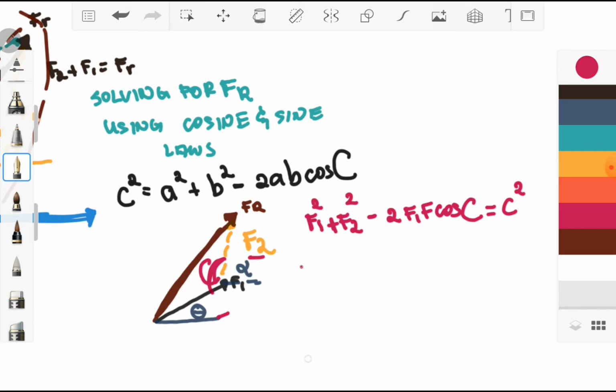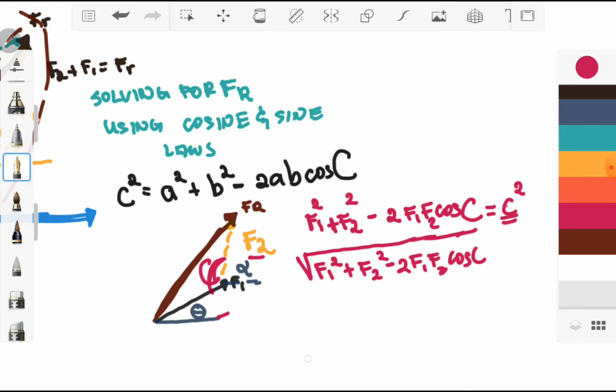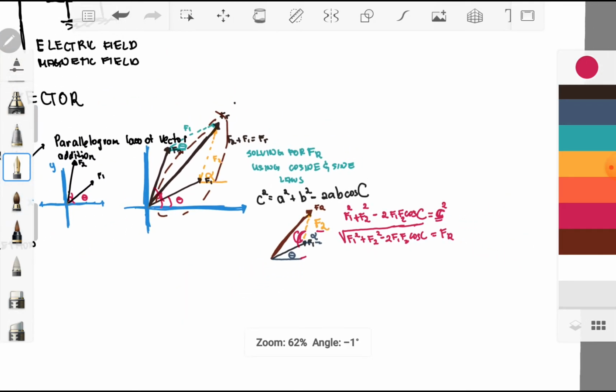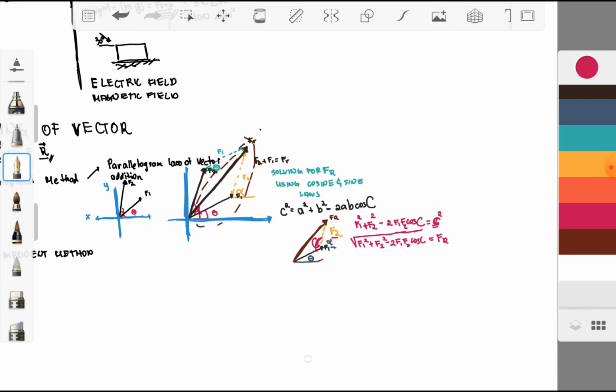So getting the square root of this equation, we'll have the square root of F1 squared plus F2 squared minus 2 F1 F2 cosine C. Take note that your C squared, small c, is equal to your FR. That is the solution for your parallelogram law. Okay?